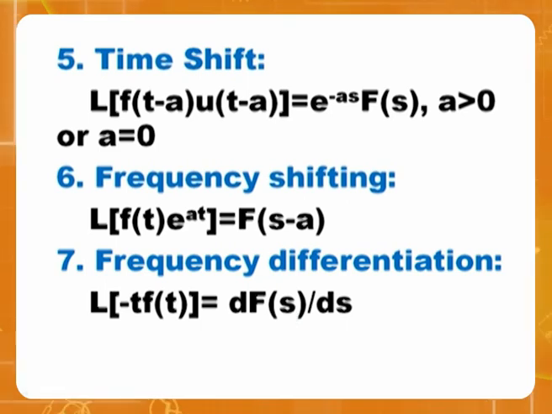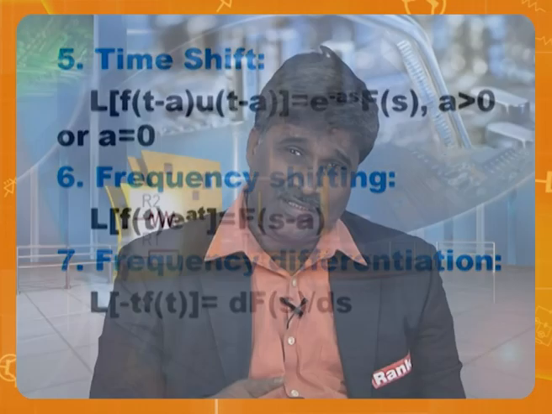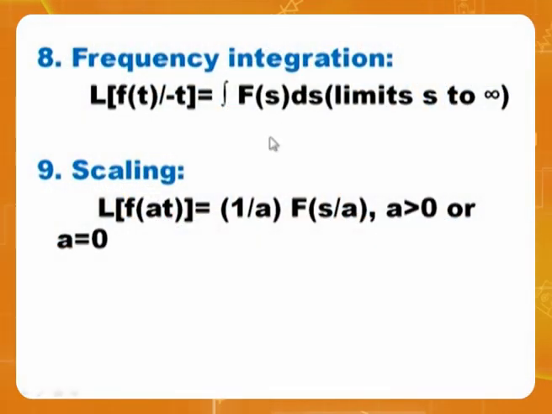Only two things are very useful: one is time differentiation, the other is frequency differentiation. Then frequency integration, that is by t, scaling 1 by s, F of s by s. So these are just some hints I gave.